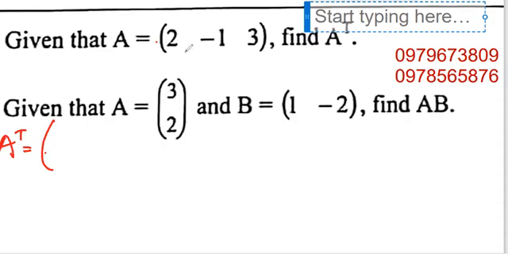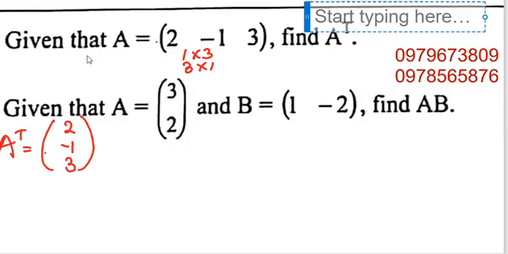In the case of this one, it is a 1 by 3, but once we transpose it, it has to be 3 by 1. So what will be our answer? Our answer will be 2, minus 1 and 3. This is what is going to be the transpose for the first one. And I hope that we have no issues on that part.